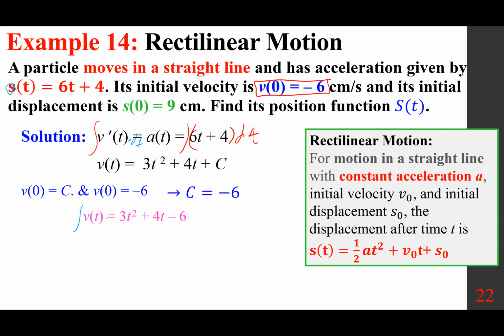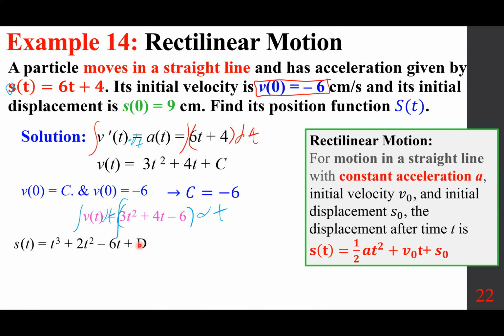So if you integrate this, this becomes s of t. This becomes 3 over 3 t cubed plus 4 over 2, 2t squared minus 6t plus another constant. You can say c sub 1 and now c sub 2, or you can say d. The point being, I don't want to use the same c here because I don't want anybody to be under the assumption it's the same constant.